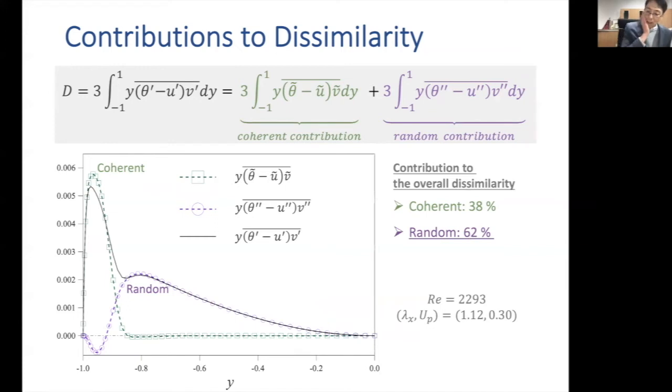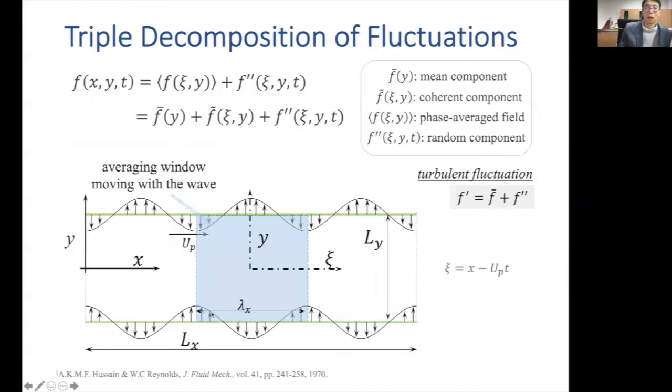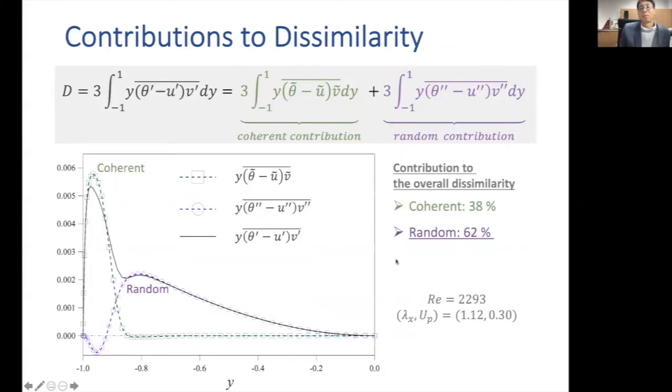The reason why I said interesting is that our input is a coherent input, so it directly affects the coherent component and only indirectly affects the random component. But as a result, the random field is more modified, or contributes more to dissimilarity. So that's the reason why I said this is interesting.